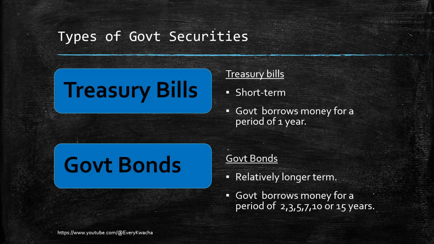So government will essentially borrow money at a reduced price, and then at the maturity of that treasury bill, which is 1 year, they give you back a face value that is higher than what you invested.